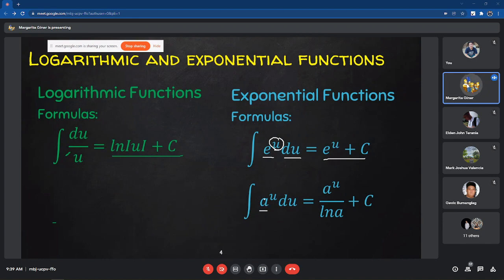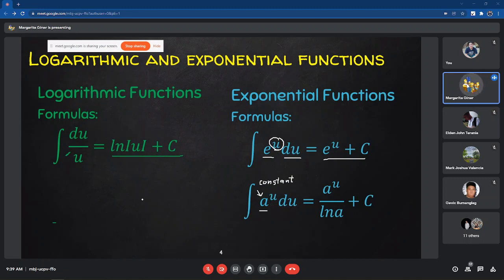The a is referring to your constant. Meaning to say, the value of a is a number or a letter that is not included in our variable. So if it is a constant, you just copy a raised to u, divide by ln of a. Okay? So that is the formula.